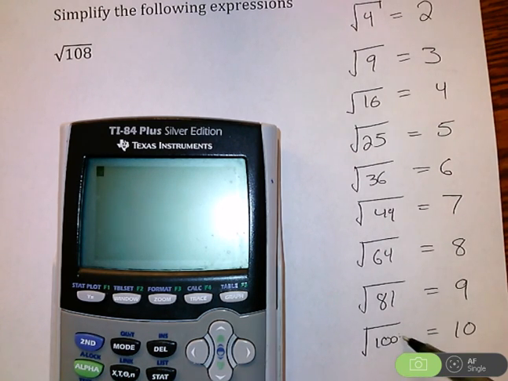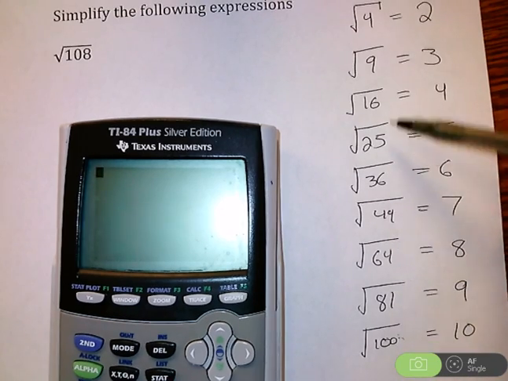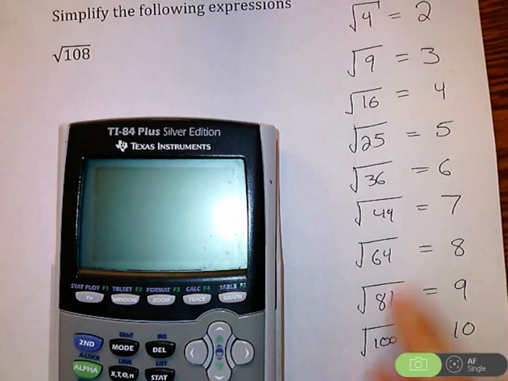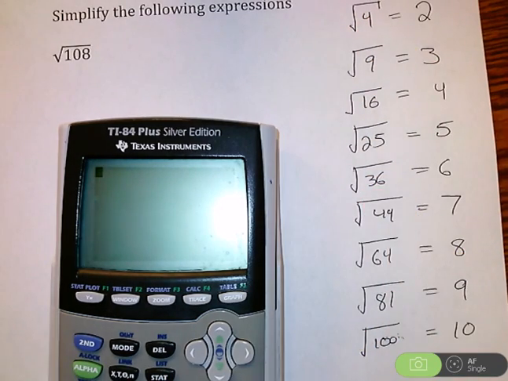I want to start with the biggest numbers and work my way up because this will force me to get the most simplified answer. If you go the opposite way, you might not have the most simplified answer.